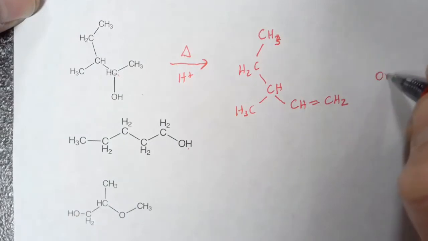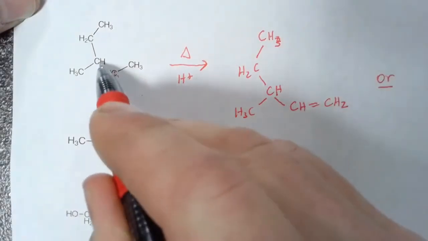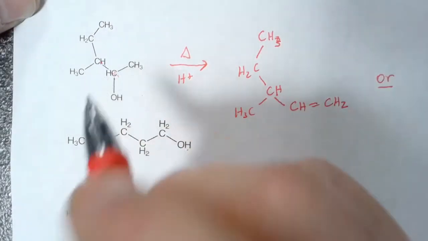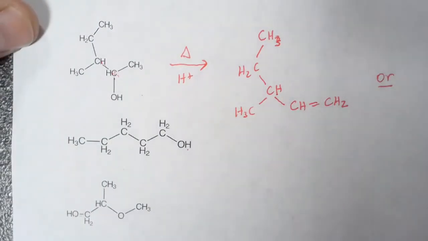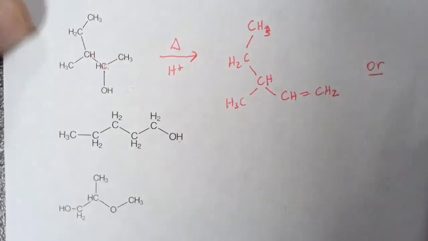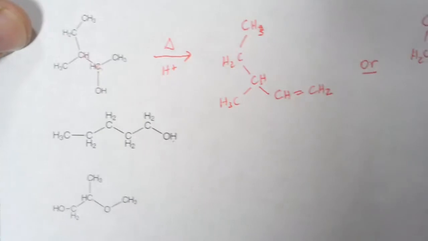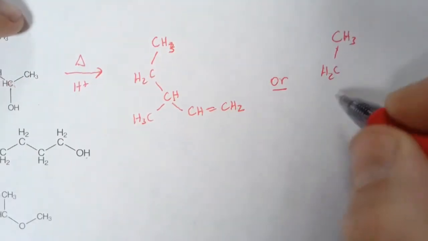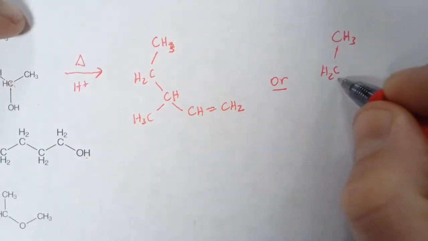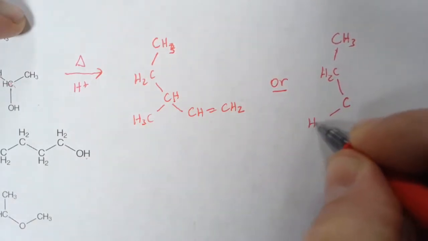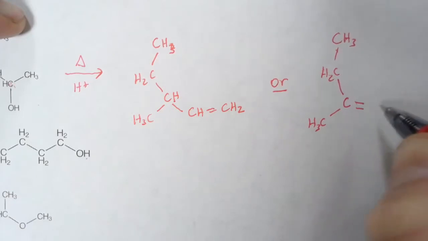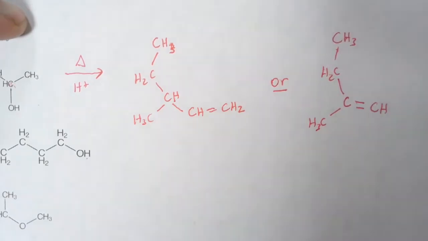Now I could also draw an alkene between this carbon and this carbon, keeping in mind that I have to make sure that each carbon only has 4 bonds. So if I draw it with the other one in mind, I've got to be careful not to put an H here, because I've got a double bond there.